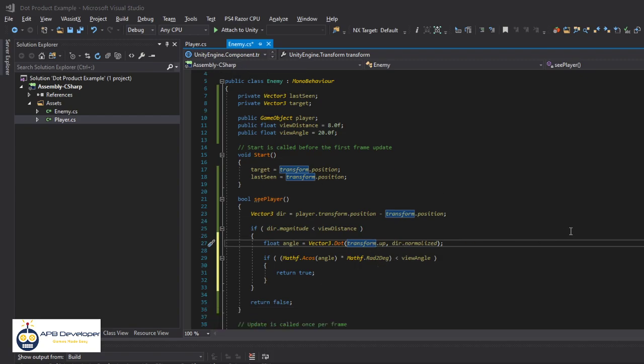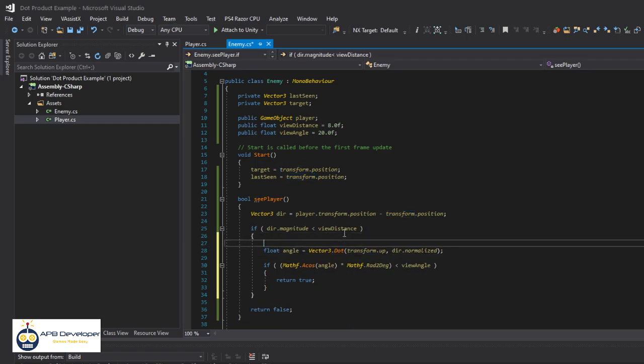I think what we'll do is we'll draw these debug. We'll do a debug ray draw, just so we can visualize them as well. From transform.position, transform.up times view distance, color yellow.